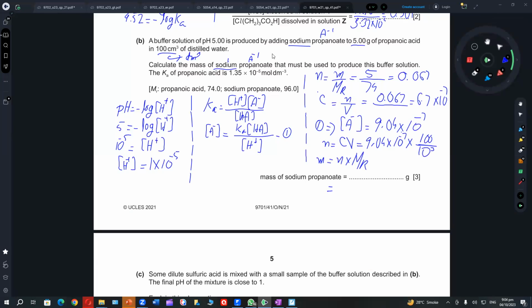It's 8.6 times 10 to the power of -6. Answer is very small. Have you multiplied with MR? Yes. But answer is coming too small.